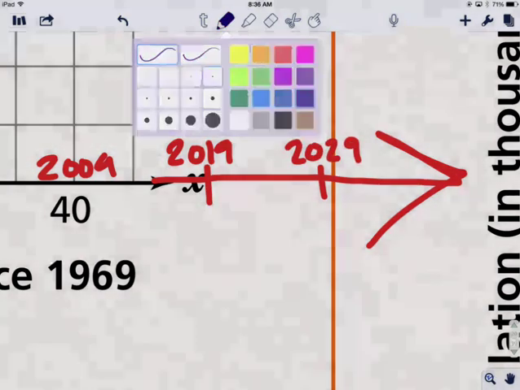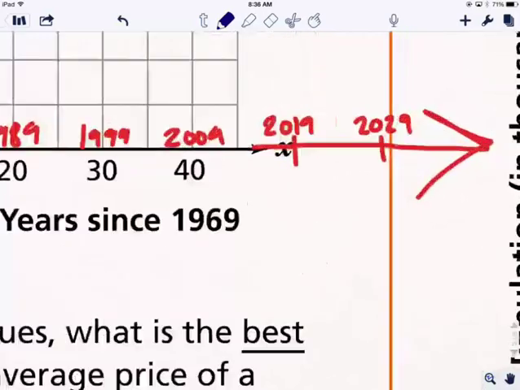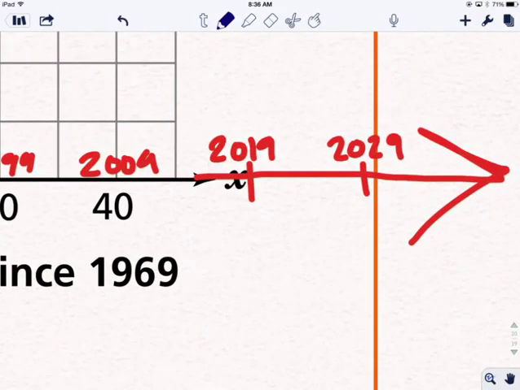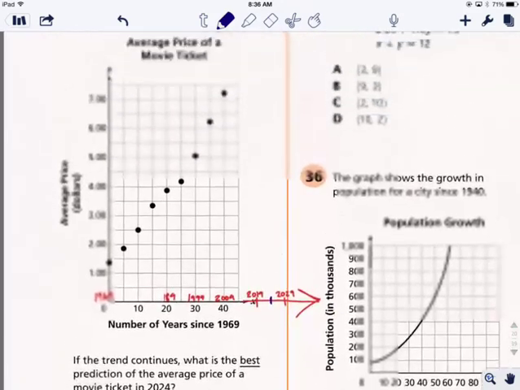So we want to know about the year 2024, which is going to be right smack in the middle here. So let's extend that line upward.